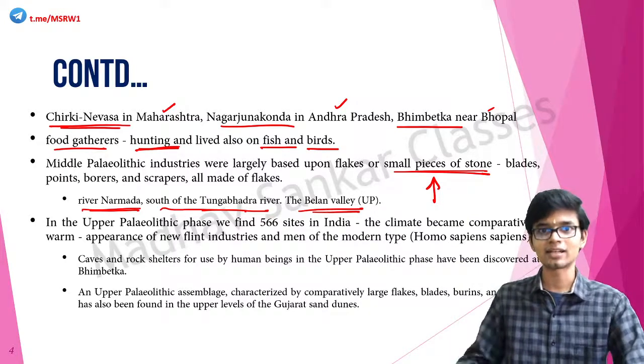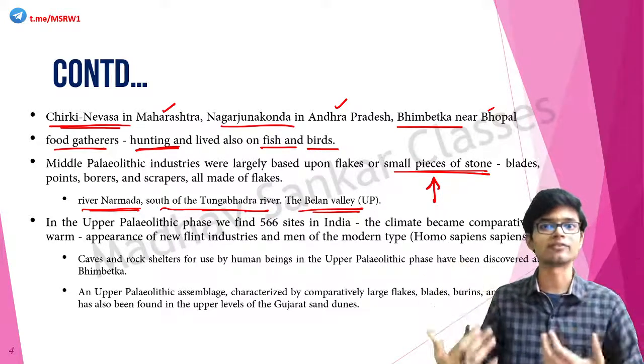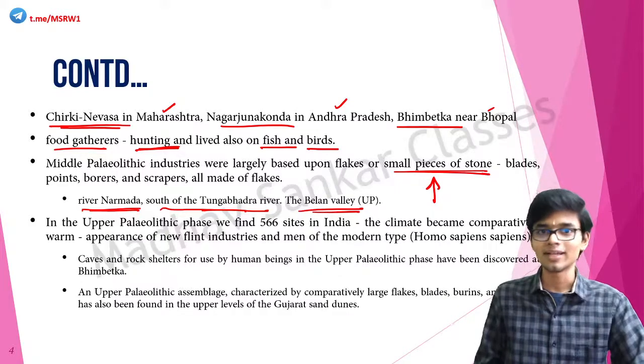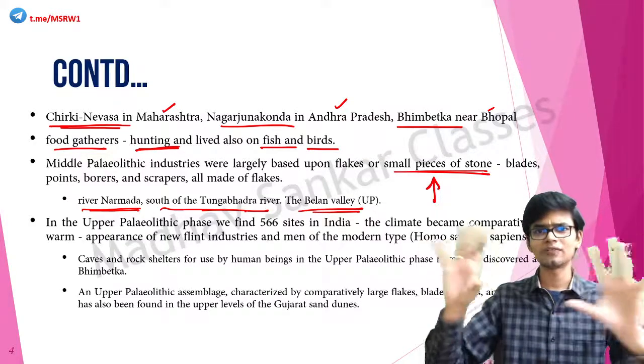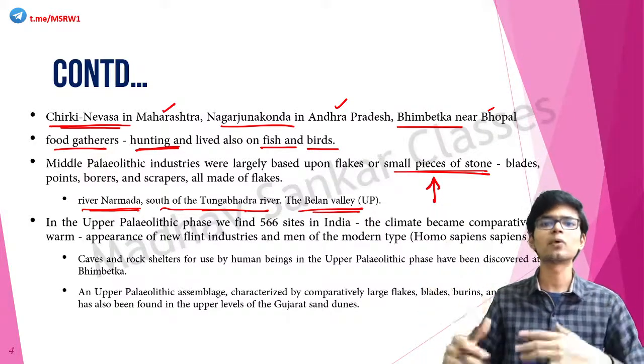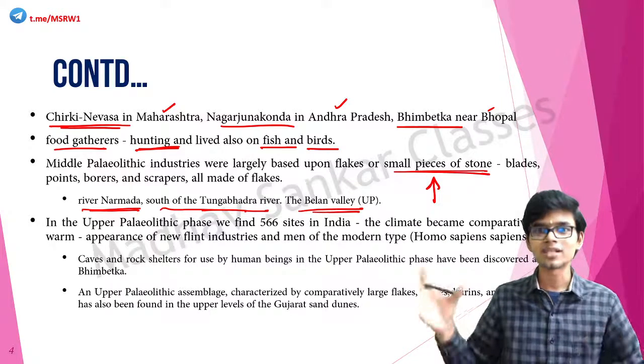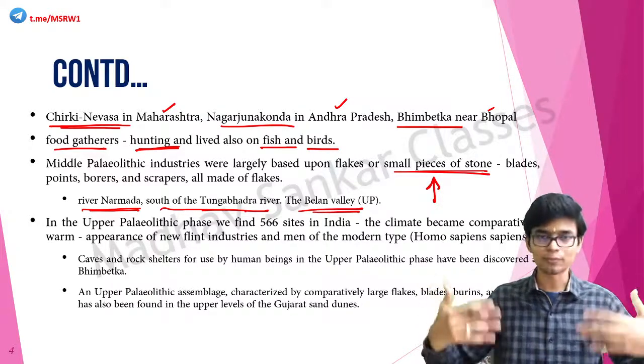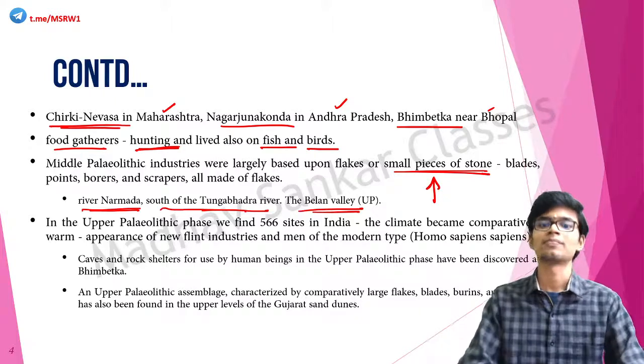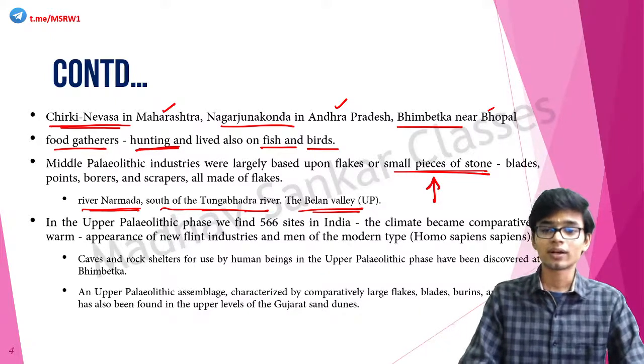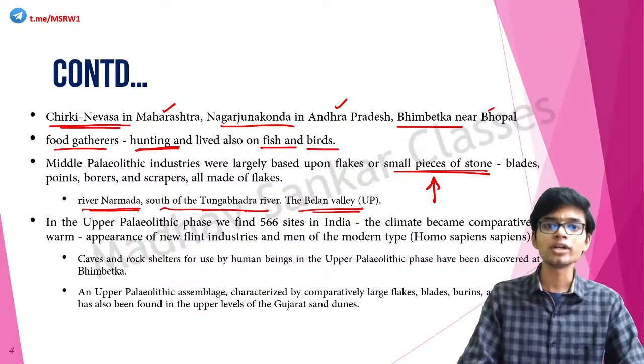It means it became much more suited for life. Just think about it: if it is completely filled with ice and snow, it doesn't support life as much. But once it gets warmer and warmer, it supports more and more life and diversity. So climate plays a very important role in the history of mankind.